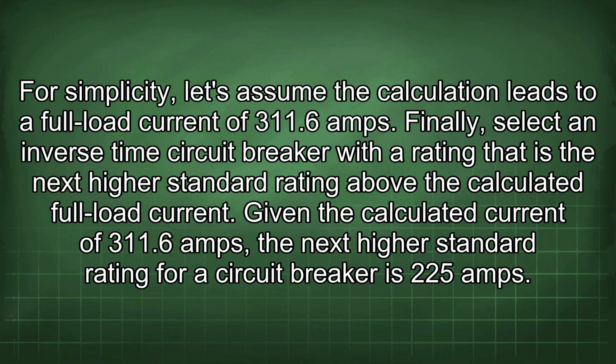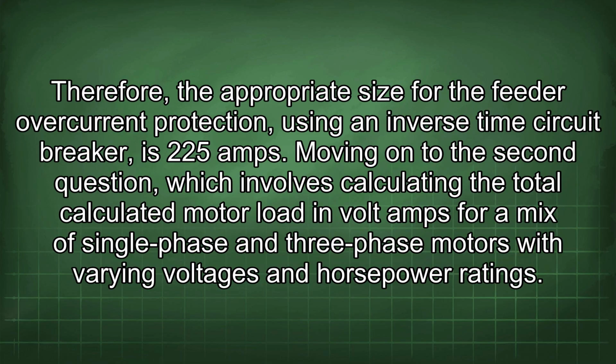Finally, select an inverse time circuit breaker with a rating that is the next higher standard rating above the calculated full load current. Given the calculated current of 311.6 amps, the next higher standard rating for a circuit breaker is 225 amps. Therefore, the appropriate size for the feeder overcurrent protection using an inverse time circuit breaker is 225 amps.